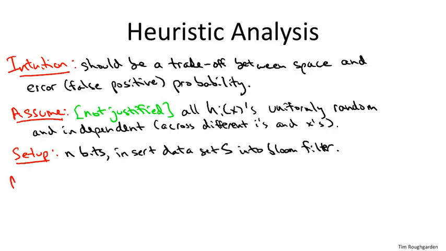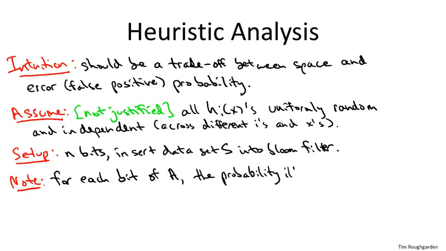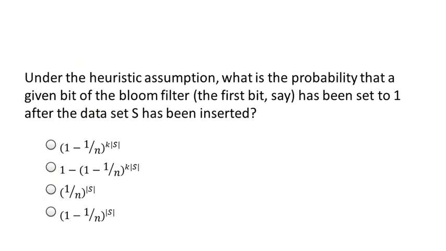But as a preliminary step, I want to ask about the population of ones after we've inserted this dataset capital S into the Bloom filter. So specifically, let's focus on a particular position of the array, and by symmetry it doesn't matter which one, and let's ask what is the probability that a given bit, a given position in this array, has been set to 1 after we've inserted this entire dataset capital S.